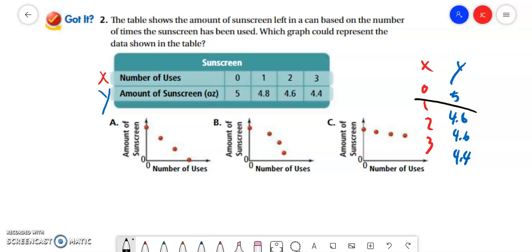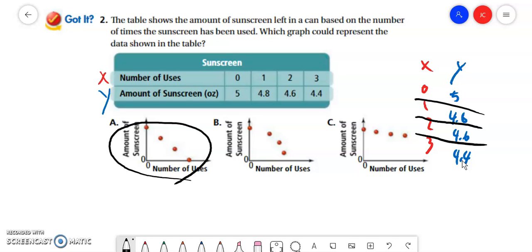Now I didn't do a very good job of lining that up. There, that's better. Okay, so it looks like it starts out at 5 and it decreases by the same amount each day. So let's see. Now this one, it looks like it decreases by the same amount each day. So that could be a possibility.